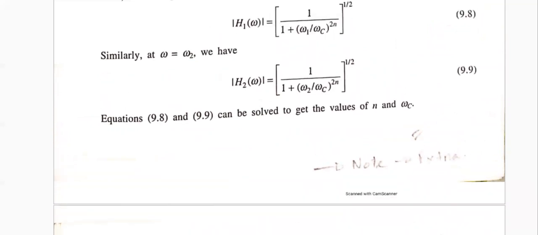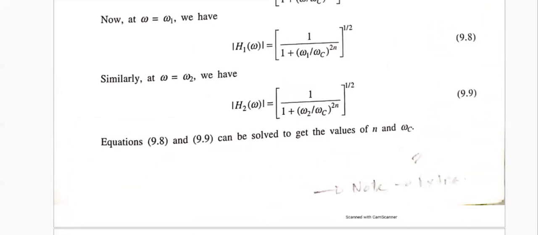Definitely omega C could be any value, but n should be a particular number, and it should be an integer. If for any value of omega C we got the value 3.3, then what we can do is convert it to 4, because whenever you are improving the order of the filter, that is enough to catch your particular omega C.